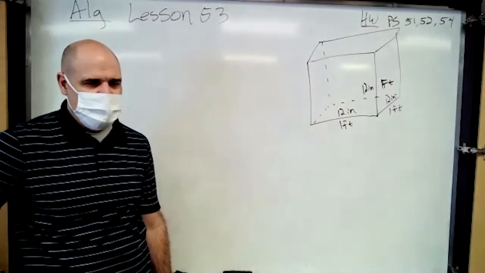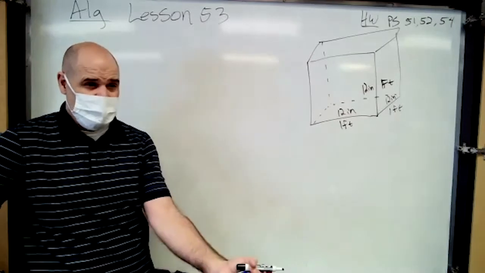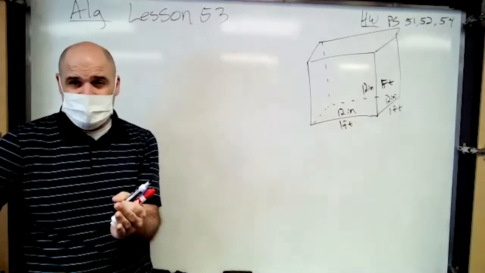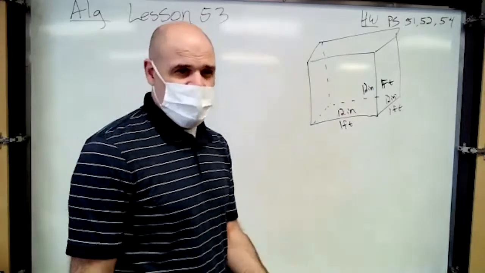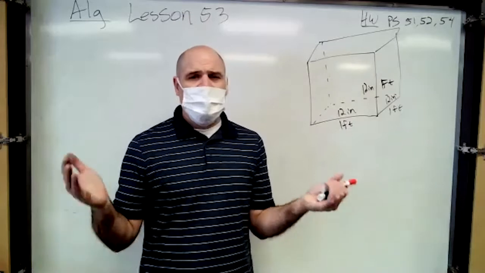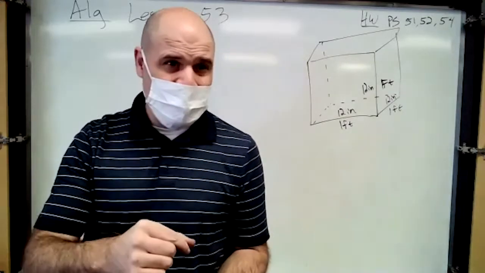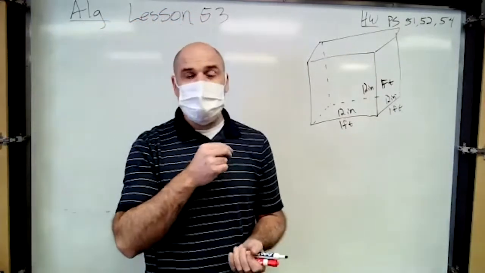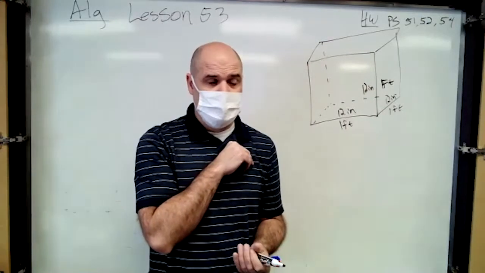Okay, how'd you get that? I did 144 times 12. Yeah, so 12 cubed. If you're converting in cubic units, you cube the conversion factor. If there's 12 inches in 1 foot, that means there's 12 squared square inches in a square foot, and 12 cubed cubic inches in a cubic foot, okay?